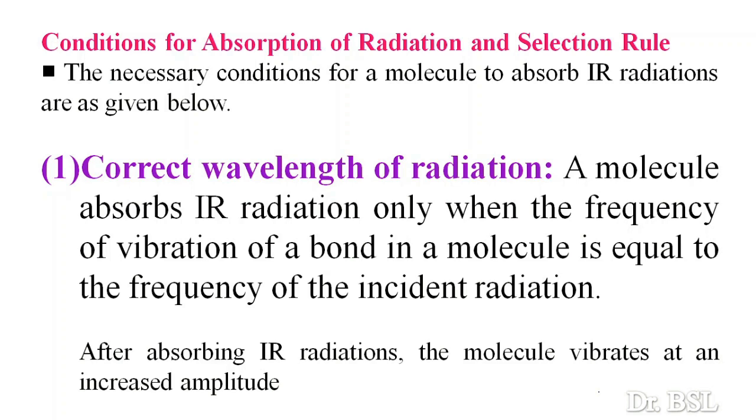The necessary conditions for a molecule to absorb IR radiation are: the first condition is correct wavelength of radiation. A molecule absorbs IR radiation only when the frequency of vibration of a bond in a molecule is equal to the frequency of incident radiation.